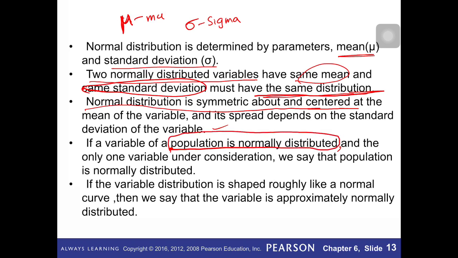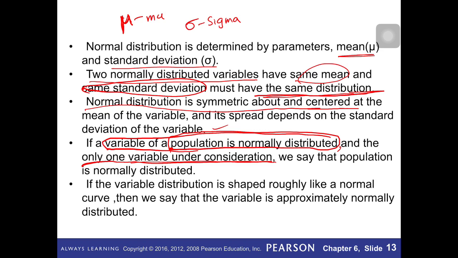If we know that our population is normally distributed, with only one variable under consideration, we say the population is normally distributed.